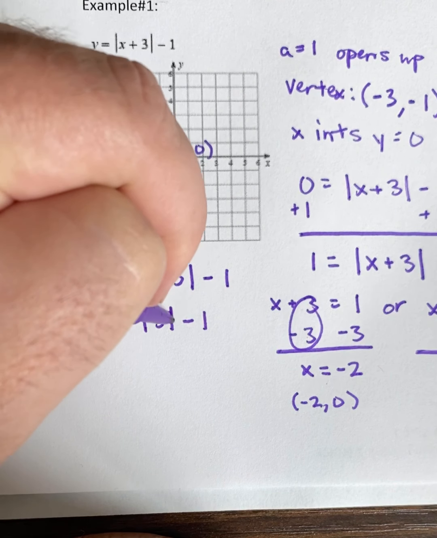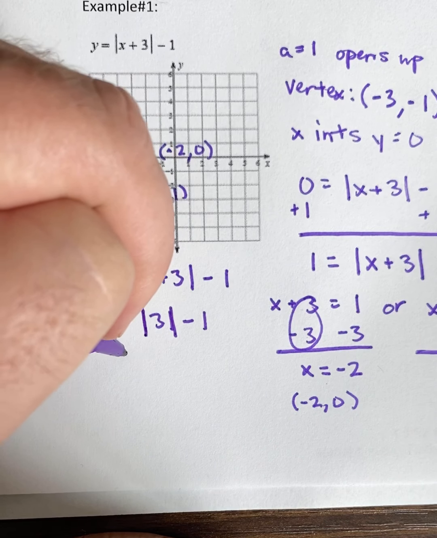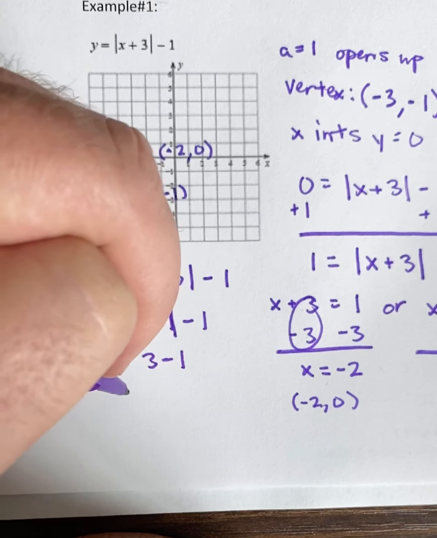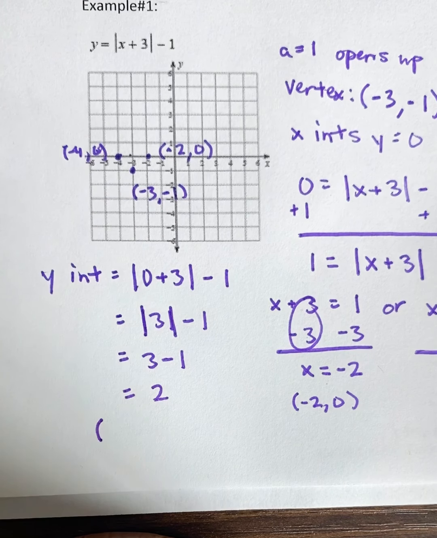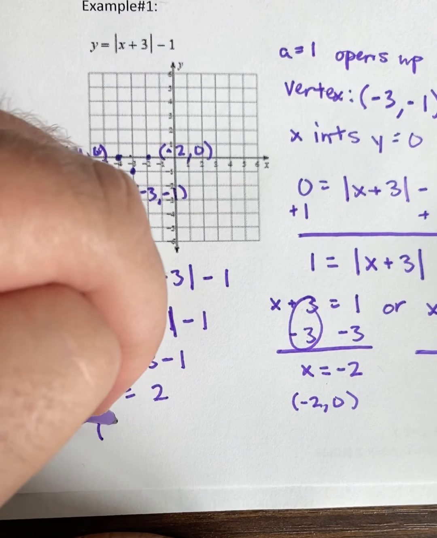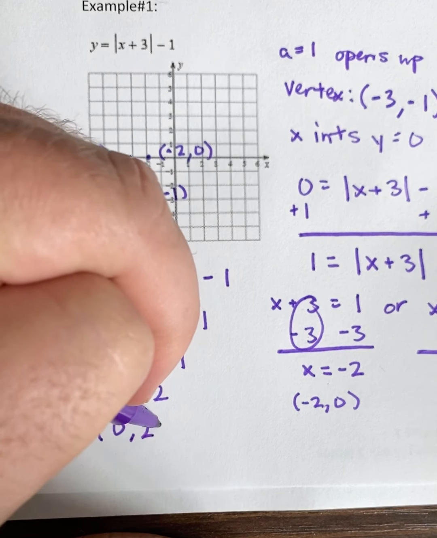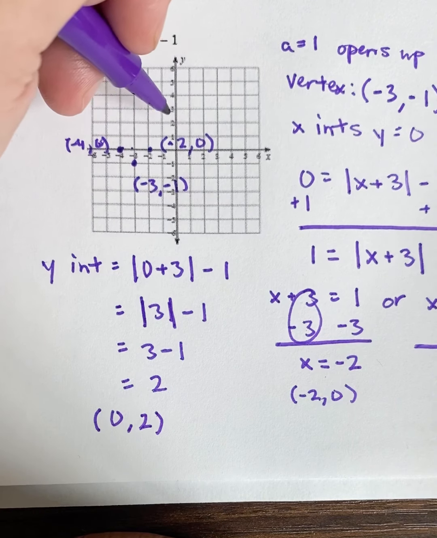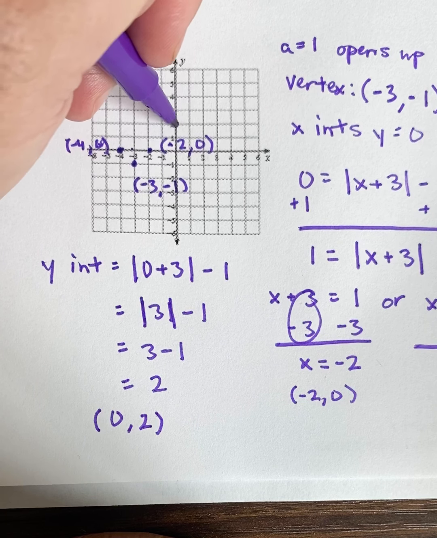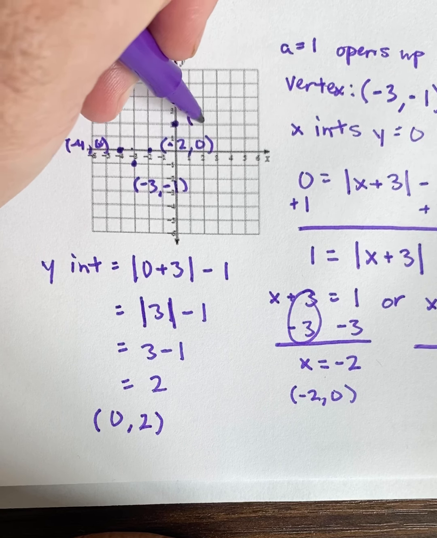The absolute value of 3 is just 3. So I have 3 minus 1, which is 2. So my y-intercept is the point 0, comma 2. Let's put that here on the graph, the y-intercept.